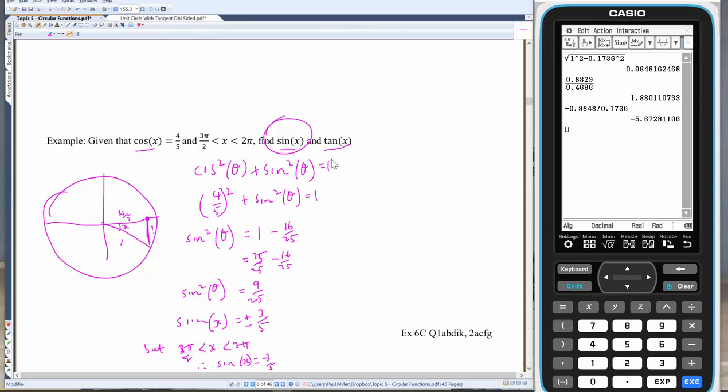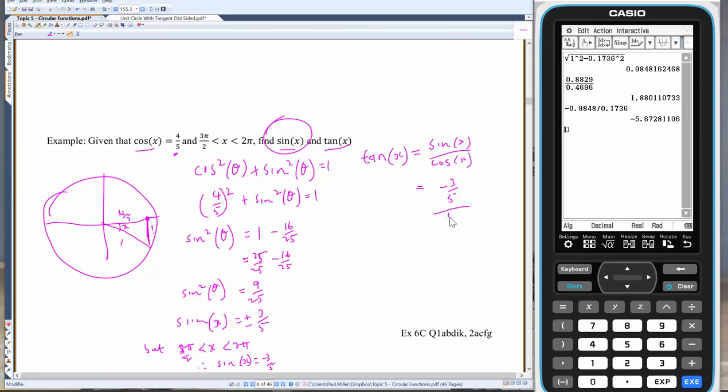Now what we're going to get is the tan of x. And this harks back to what we need to remember from the start of the lesson, which is the identity for tan x is simply sine x over cosine x. Now we worked out what sine x was. That was negative 3/5. And we know what cosine is. That was given to us.